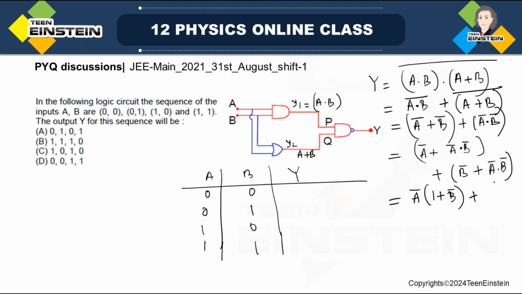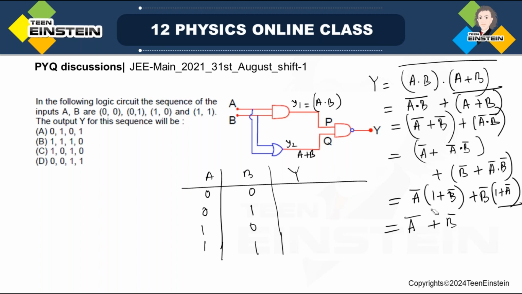Next, if I take B bar common, 1 plus A bar, and 1 plus anything is already high, so this will give you 1. Ultimately I get A bar or B bar.